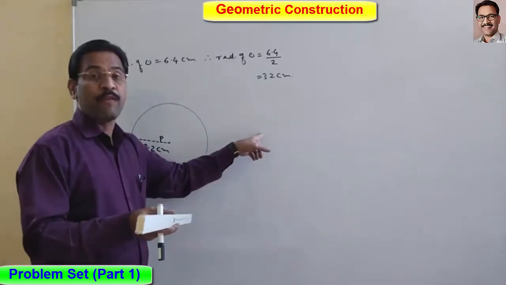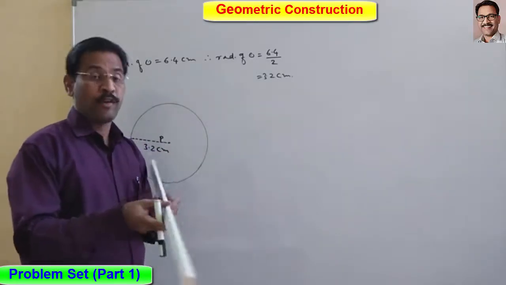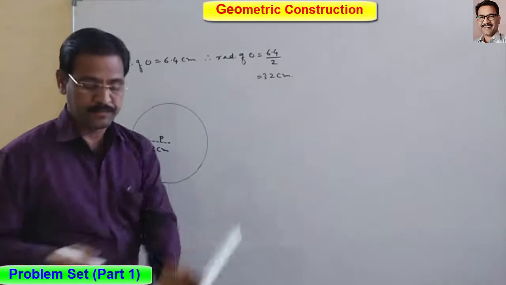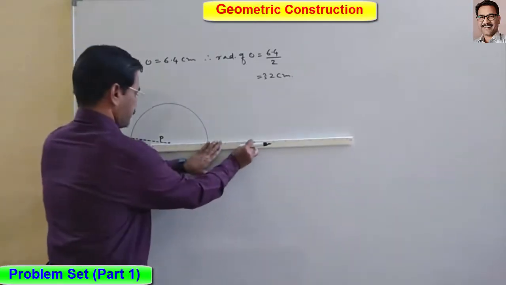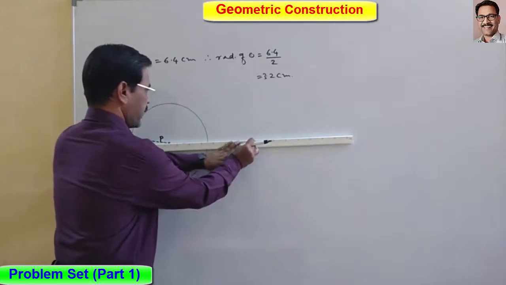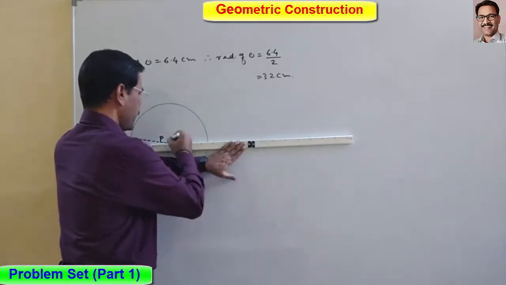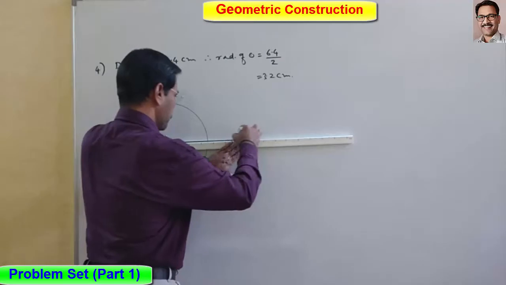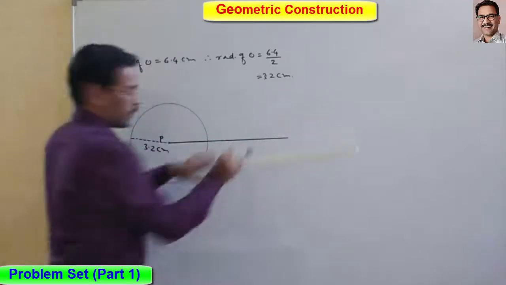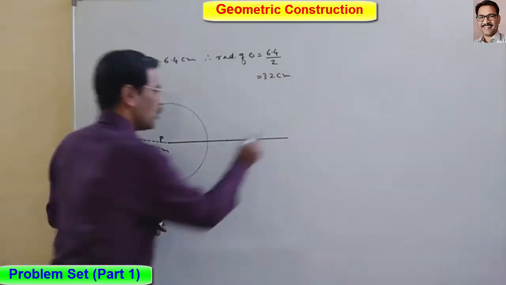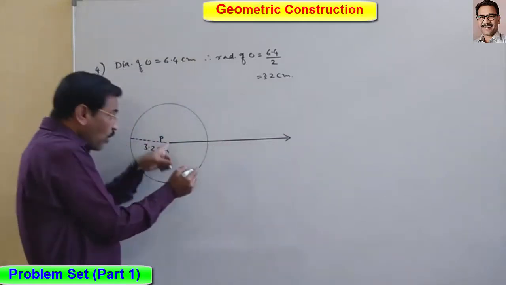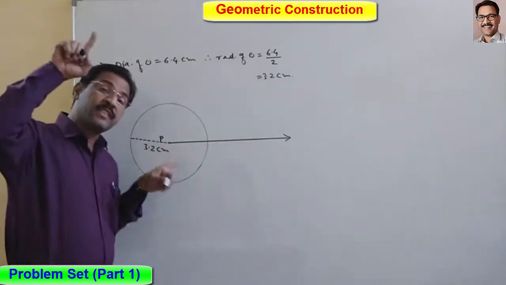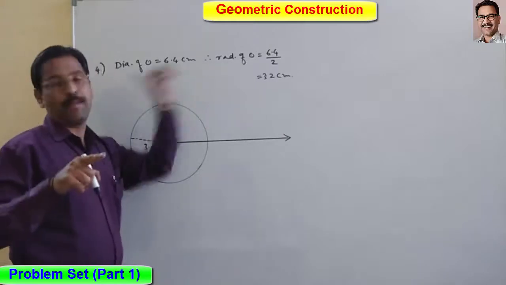Now, very similarly, we have to take 6.4 centimeter distance. Okay, the point R we have to take here. But first of all, we have to draw one ray here, as in the previous sum. Okay, we'll draw one ray here. Okay, now here we are going to take point R, at a distance from center of 6.4, which is the diameter.